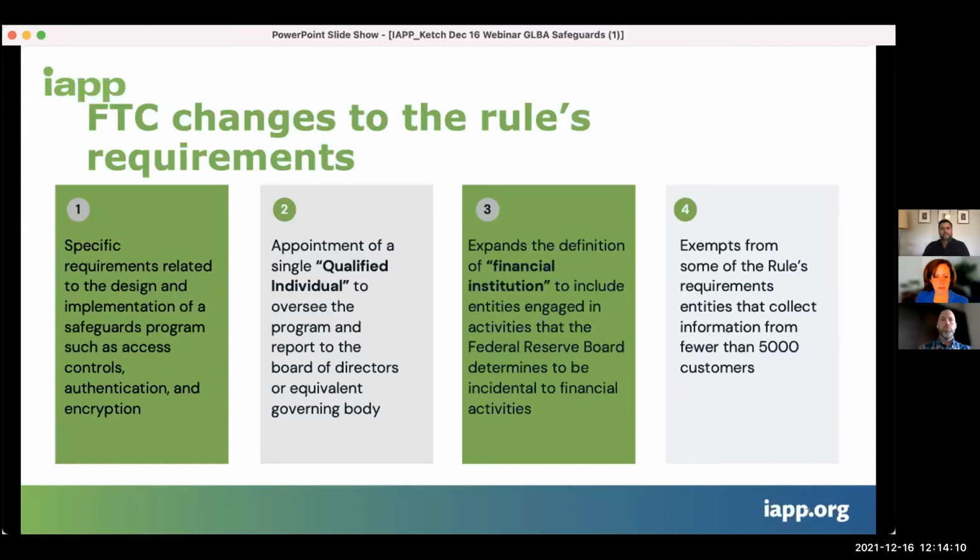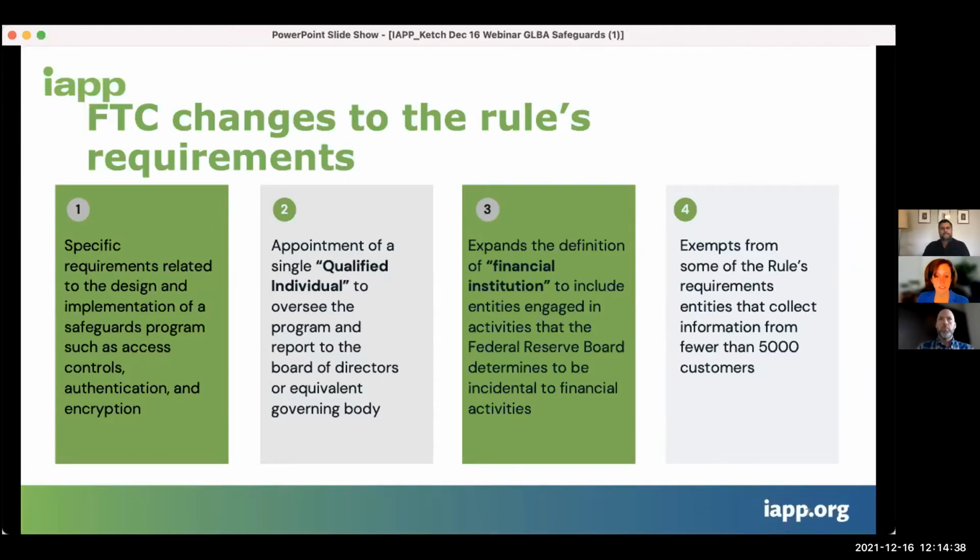If a financial institution maintains records of fewer than 5,000 customers, the commission reasons that that information is a proxy for the level of security necessary in light of both the risk of attack and potential consumer harm if there were to be a security incident.